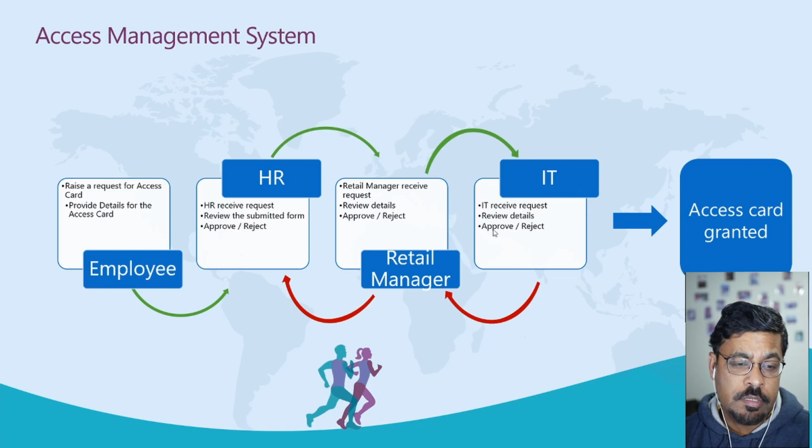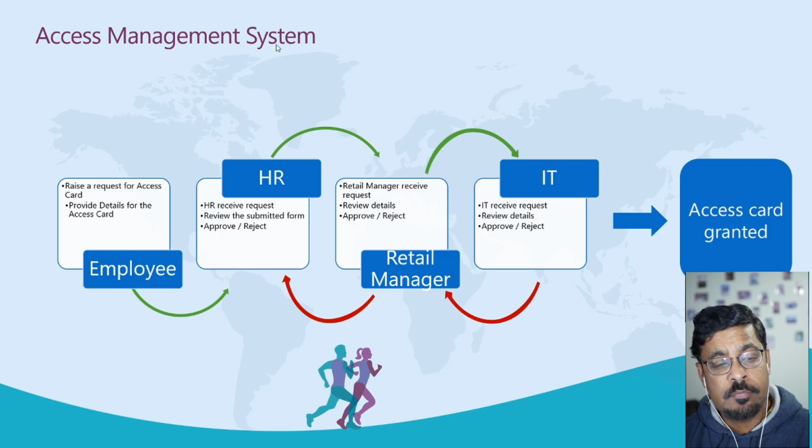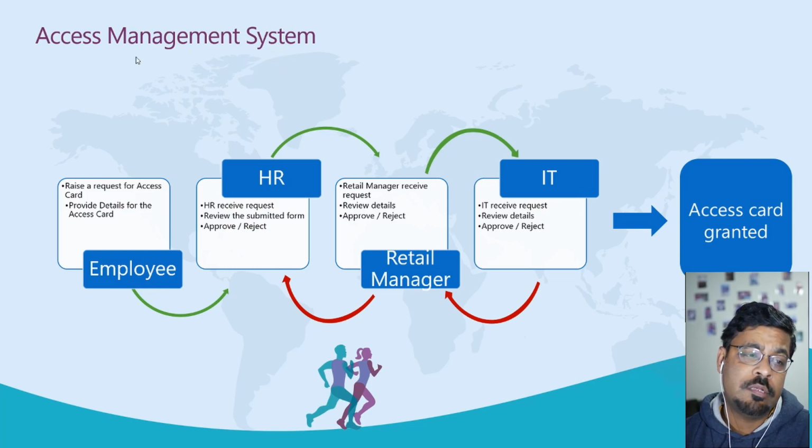So as you can see on my screen, I have one flow which is the access management system. In my demo, I will create this flow based on the requirement on your screen. First, an employee submits a form, and then it goes to HR.